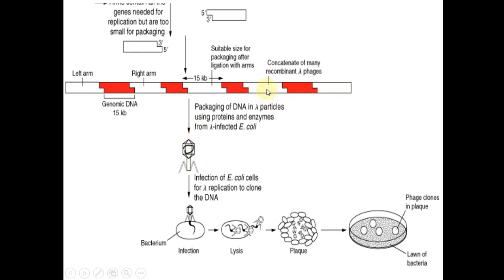Then from the first pack site to the next pack site, the phage genome is transferred into the second phage head. Likewise, when many phage genomes are attached together, ready for transfer, they are known as concatemeric DNA.